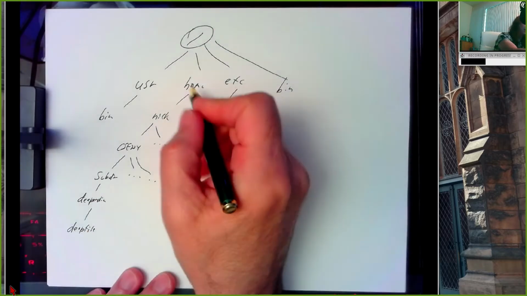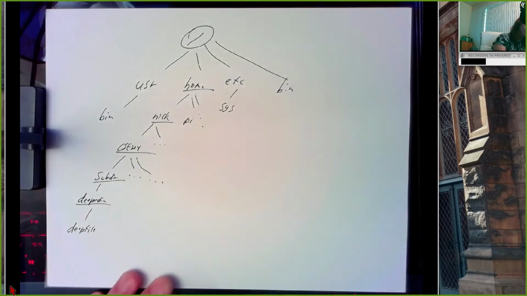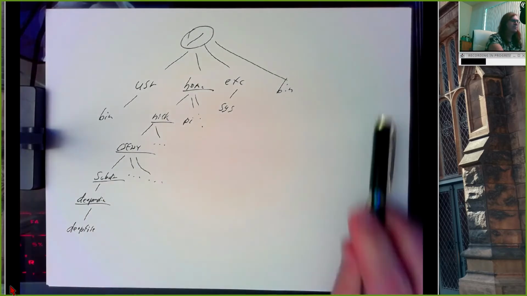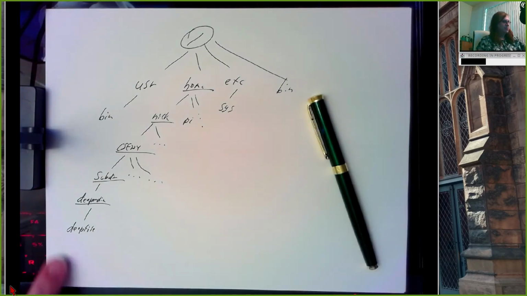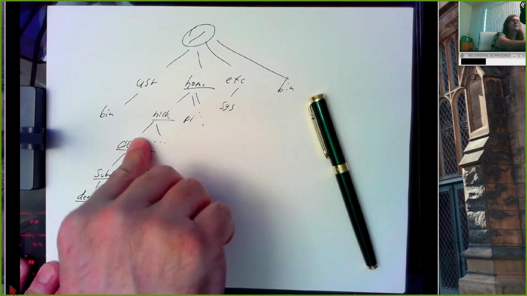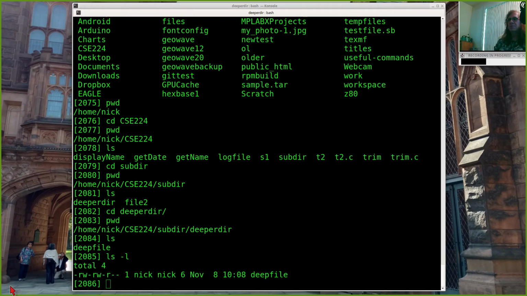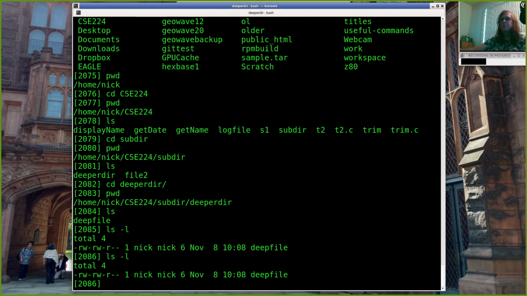It's under /home/nic/CSE224, etc. And this is the file, but the path to the file would be /home/nic and so on. So there's the file, and there's the path leading to it.